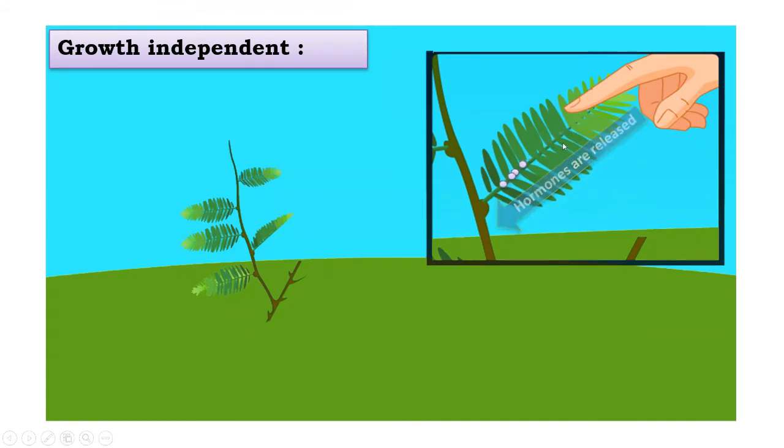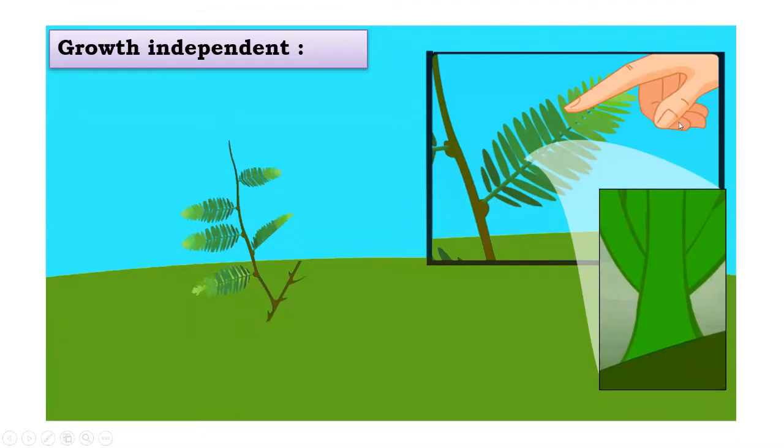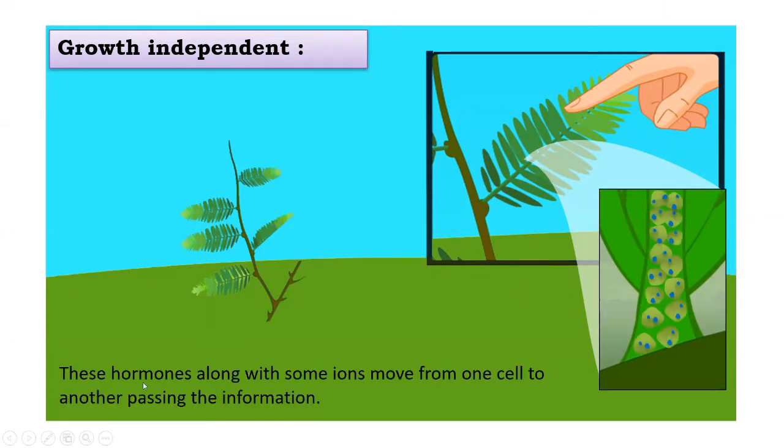These hormones will move towards the stem. Just because of that, there will be loss of water in the plant. These hormones, along with some ions, move from one cell to another, passing the information.